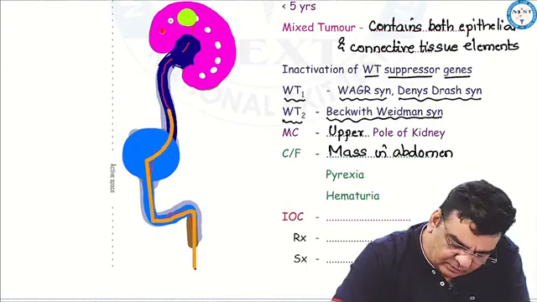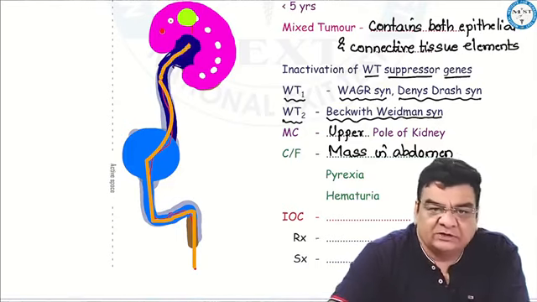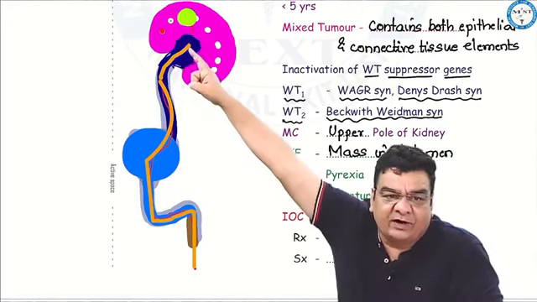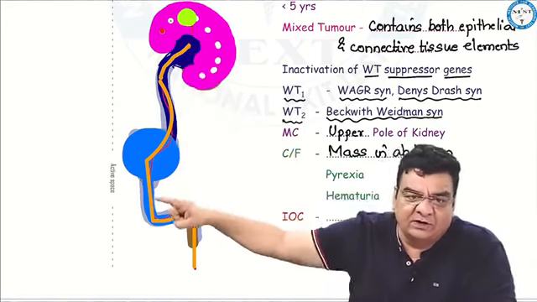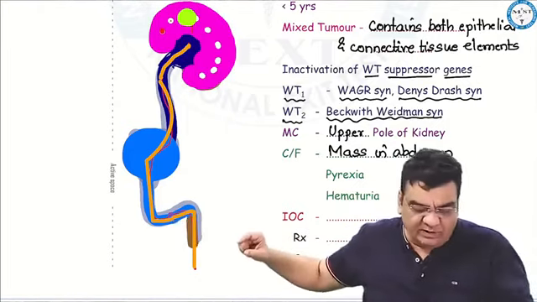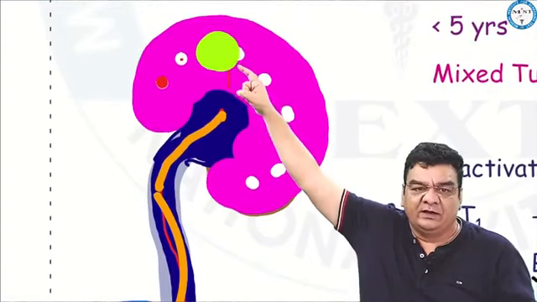This endoscope, you can take right up to this area. That means cancers in the urinary tract right up to the pelvic calyceal system, you can pass the endoscope and take a biopsy, but you will not be able to pass this endoscope into this outer part of the kidney.